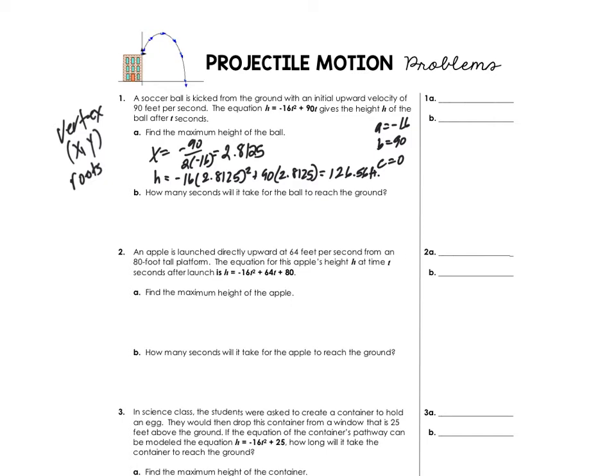How many seconds will it take for the ball to reach the ground? Okay, so now we're looking for the x-intercept. And on this one, I am going to suggest that you take the equation and put it into your calculator, into your y equals, and look at a graph. Negative 16x squared plus 90x, second graph.